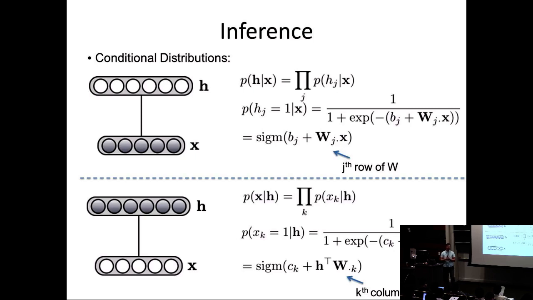Any questions? So this is something that's pretty straightforward to derive for these classes of models, right? And again, it's just given by the sigmoid. And you can see that it's almost like you're transposing. When you're generating x, it's the column of W. When you're generating h, it's the row of W, right? So it's symmetric. W is almost like the transpose of the other one.